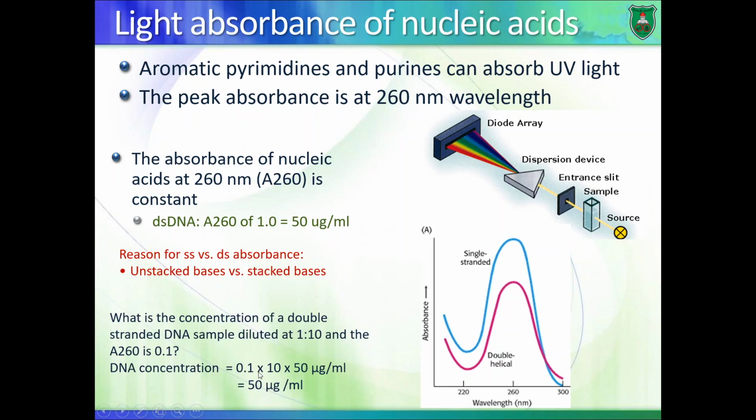0.1 units of light is absorbed times 50 micrograms per 1 unit of light. So the unit is eliminated, and I'll end up with 0.1 times 50. Well, this means that it's 5. The concentration of the diluted sample is 5 micrograms per mil.